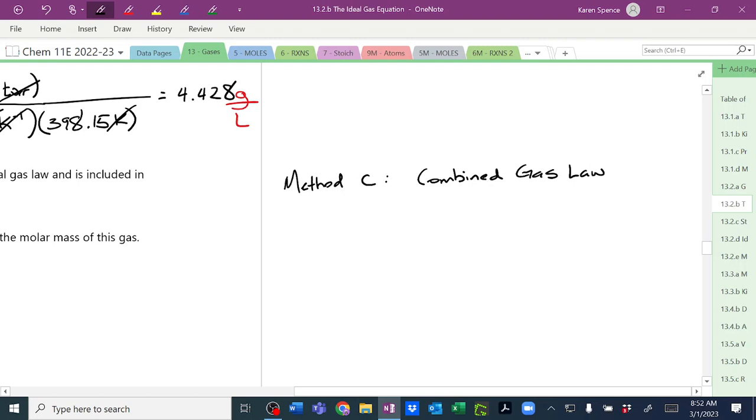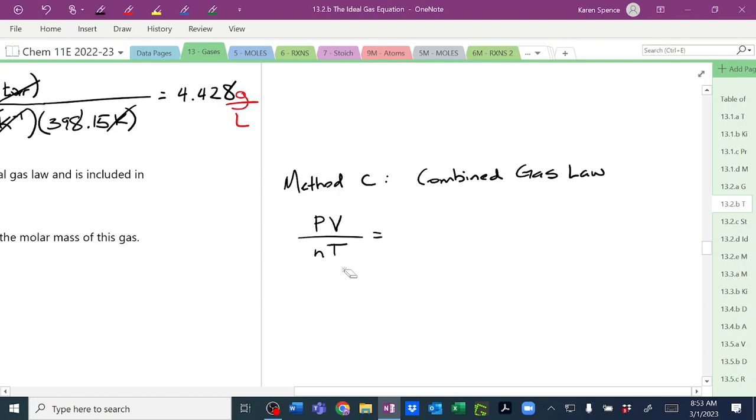So when you do your combined gas law, basically you're going to take PV, and that's the start of the ideal gas equation, yes? And then we're going to put nT on the bottom, because that's on the other side of the equation. This is how you can remember it really quickly.